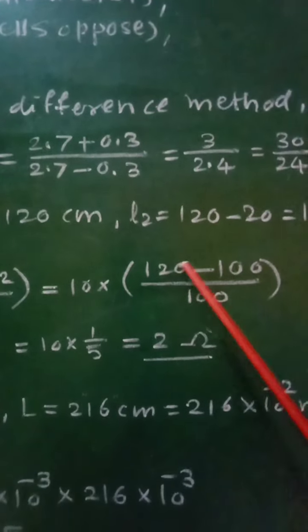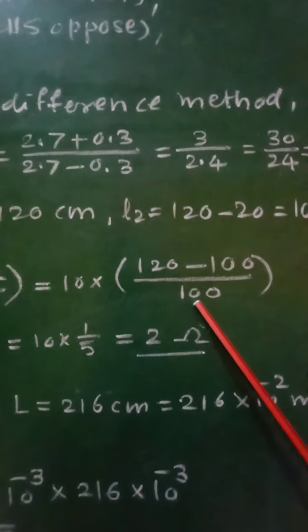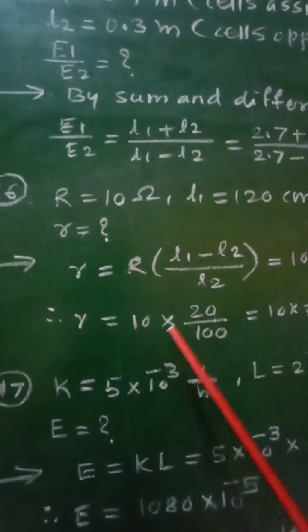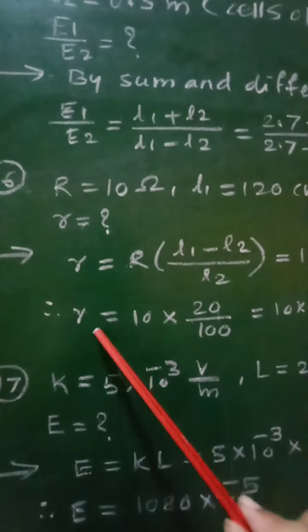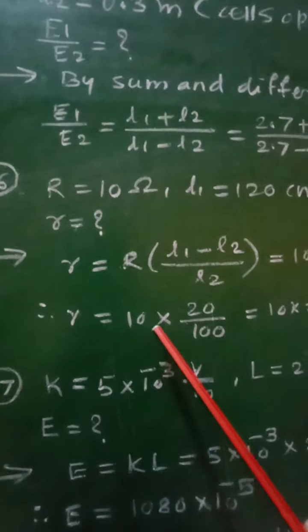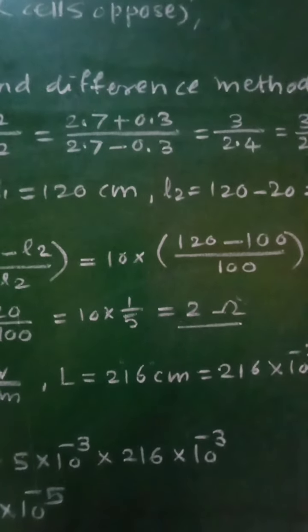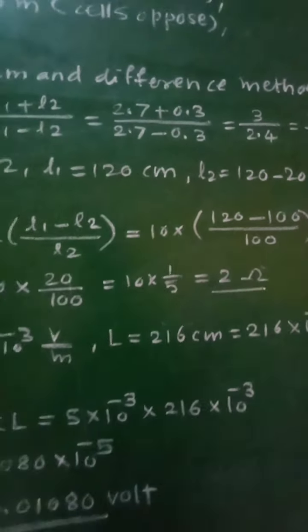Simplifying it, we will get r is equal to 10 into 20 upon 100, which comes out to be 10 into 1 by 5, that is equal to 2 ohm, and therefore the internal resistance small r is equal to 2 ohm.